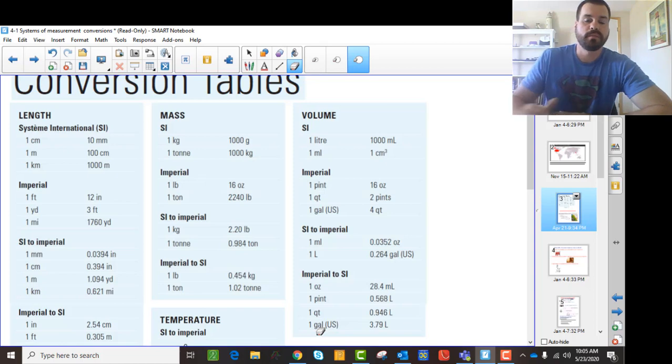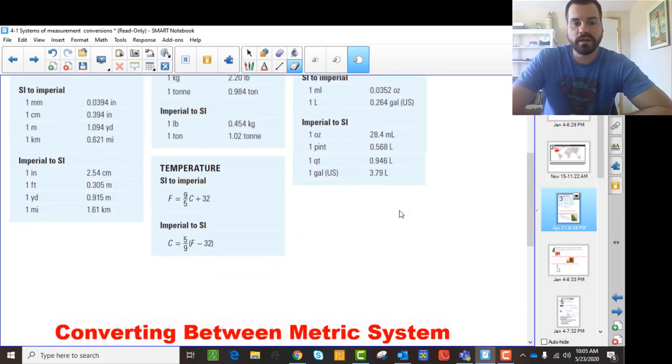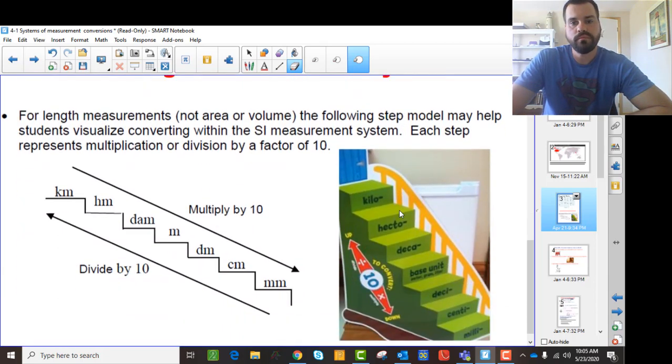Okay. Now in the SI system, we use base 10. Okay, and then we just use prefixes. So you start with your base unit, and as you get bigger, you go deca, and then hecto, and then kilo. So a decameter, or a hectometer, or a kilometer.